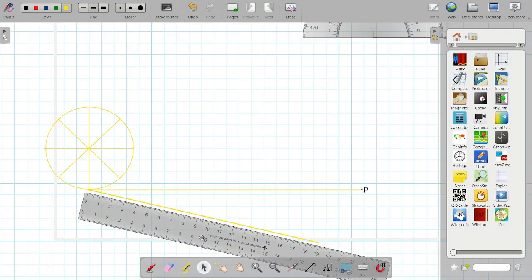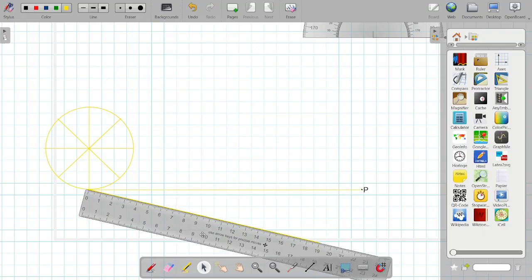And on this I will mark equidistant points. Let us say I select the distance to be 2 centimeters, so I will make equidistant points of 2 centimeters each. 2, then 4, then 6, then 8, 10, 12, 14, and 16.